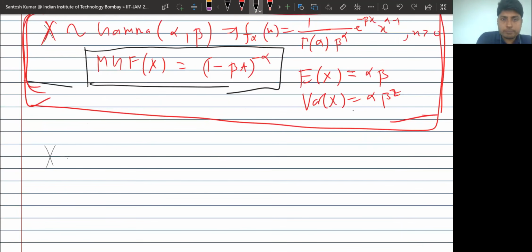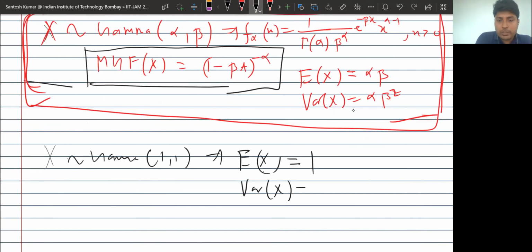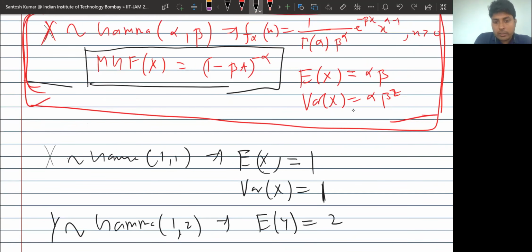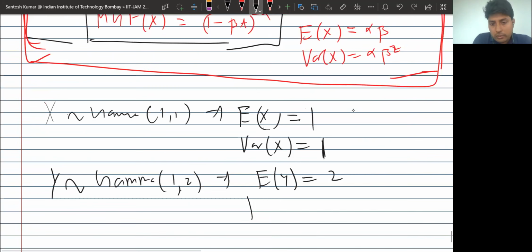X is gamma 1 1, so E[X] is alpha into beta, which is 1. Variance of X is alpha beta square, that is 1. And Y is gamma 1 2, so E[Y] will be 2, and variance of Y will be alpha beta square.